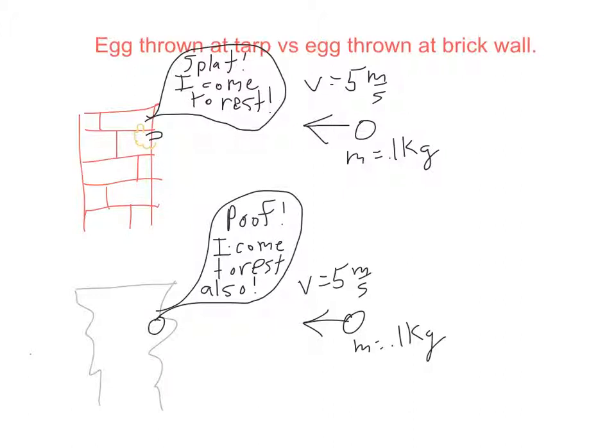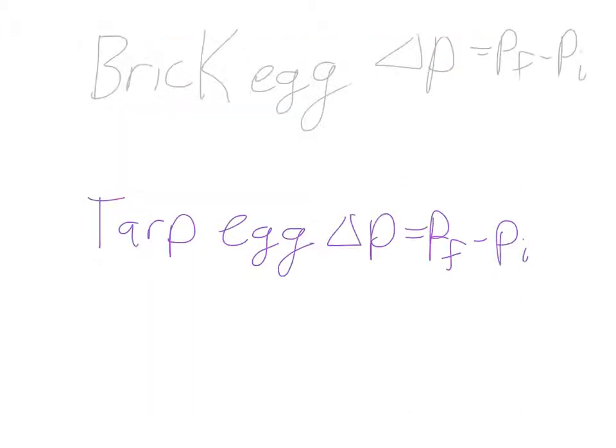Let's do a little analysis here and compare how much each egg's momentum changed. Let's determine the change in momentum for the brick egg and the tarp egg. So the change in momentum for either egg will be the final momentum the egg has minus the initial momentum the egg has. For the brick egg, it is ultimately brought to rest, so that means its final momentum will be 0 kilogram meters per second.